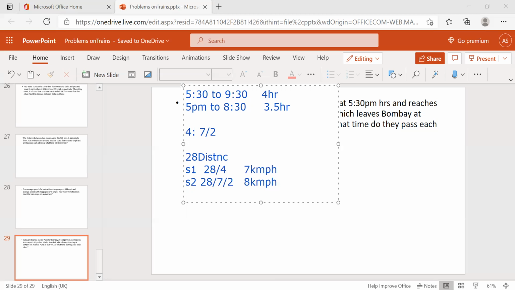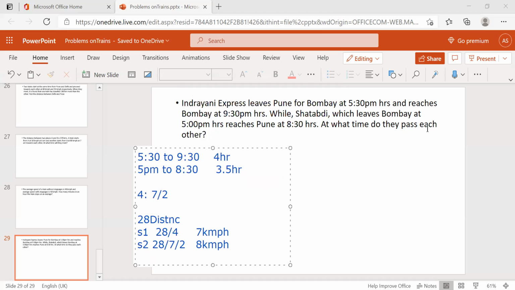Now we have the speeds, the distance and the times. What they're asking is, at what time do they pass each other? Same concept, but here you need to observe that Indrayani Express started at 5:30, while Shatabdi started at 5 o'clock.